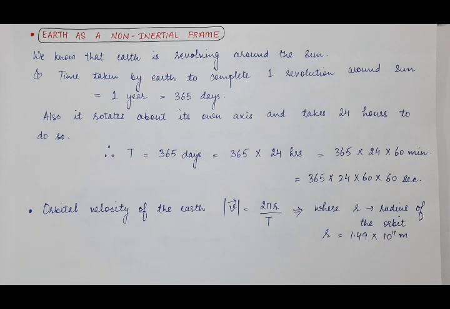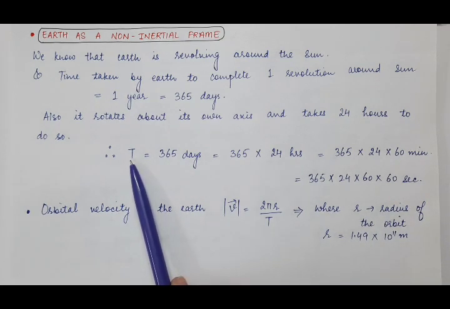Because Earth takes 24 hours to complete one rotation about its own axis. So that is why 1 day is the time taken by Earth to complete one rotation about its own axis.